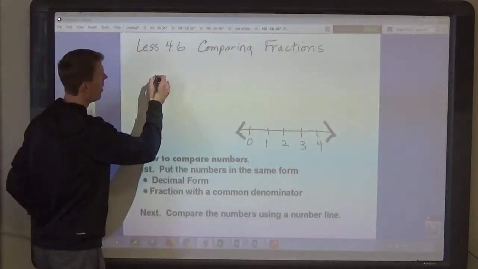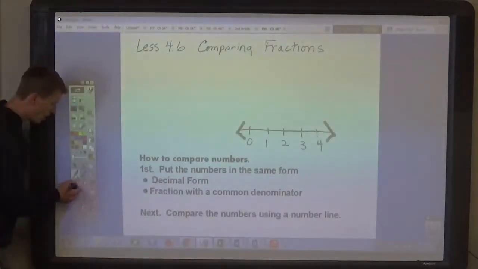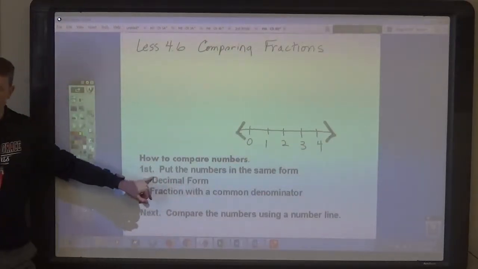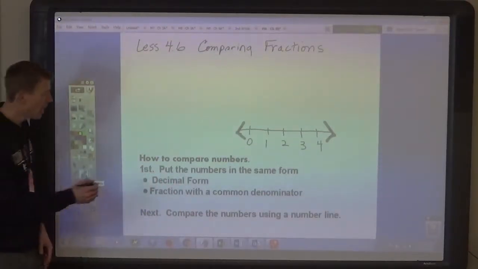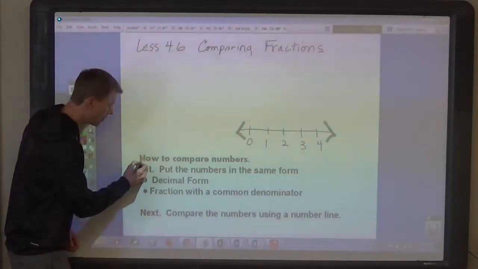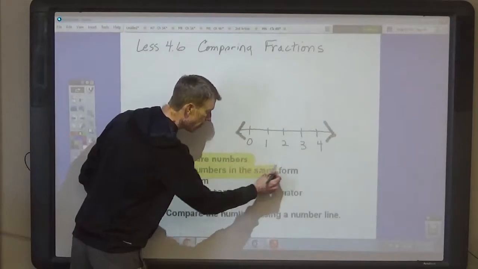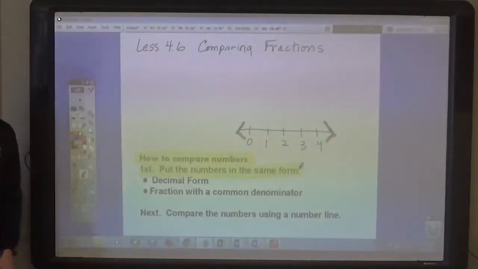Okay, so let's start with what we're going to talk about. How are we going to do this? Well, the number one thing you have to remember is that in order to compare numbers, you have to put them in the same form. Okay?